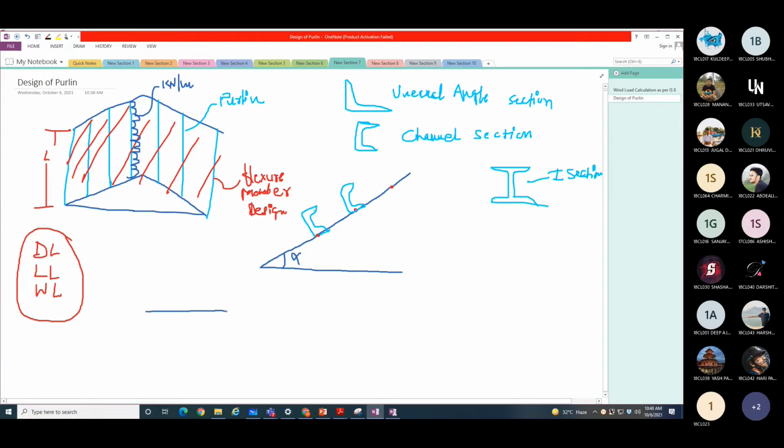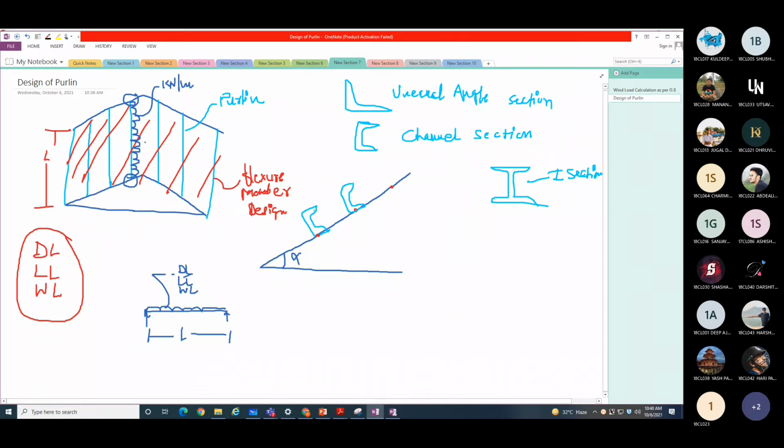Right, so this is the same as a beam which has two supports. So the two supports for the purlin are the first support at this truss and the second support at this truss. So these are the two trusses and this one is the load, in terms of dead load, live load and wind load, and this is the purlin length.